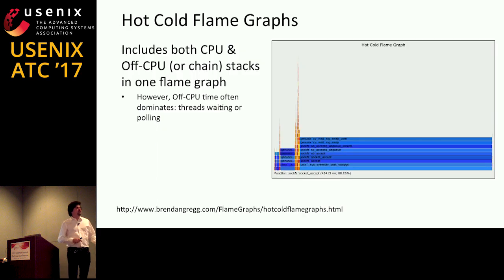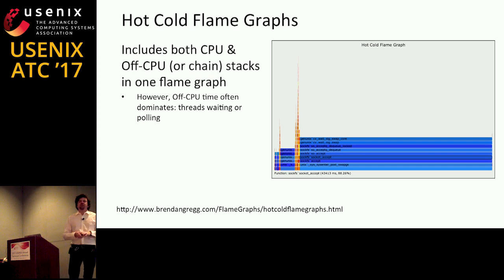Another area I have not solved is if we have this great ability to do CPU flame graphs and off-CPU flame graphs, which is still useful, can you show them both in the same timeline? Well, you can, but often the CPU flames will get shrunk down.